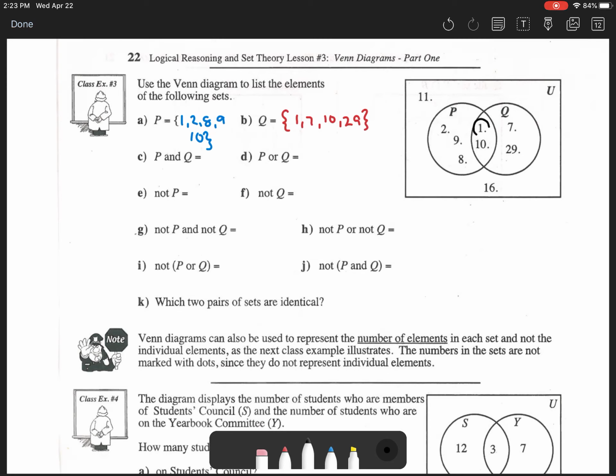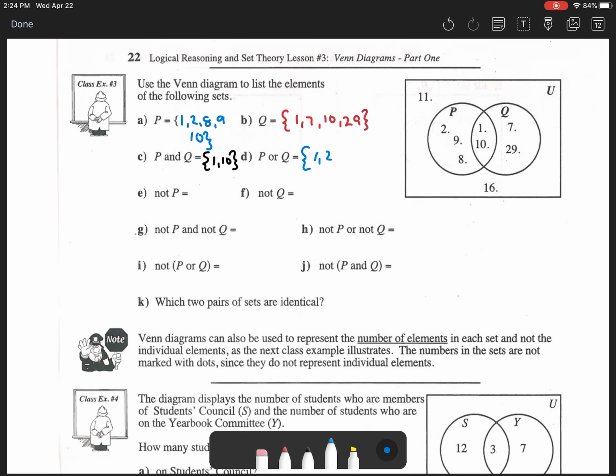In the next one, they want P and Q. So we know from the shading of the diagrams we just did, P and Q, and they're just using different letters this time as opposed to A and B, are where the two sets overlap. So that's right in the middle, 1 and 10. So I list the elements for P and Q, which in this case are 1 and 10.